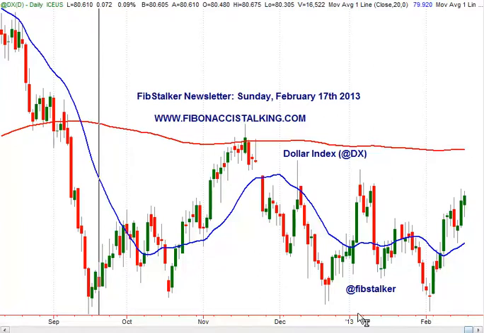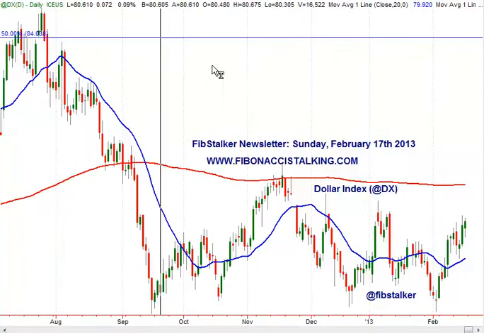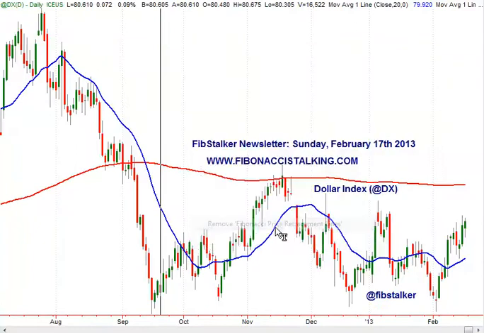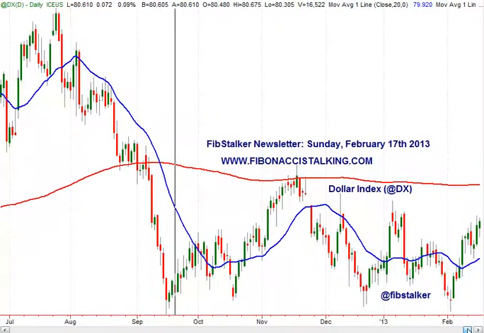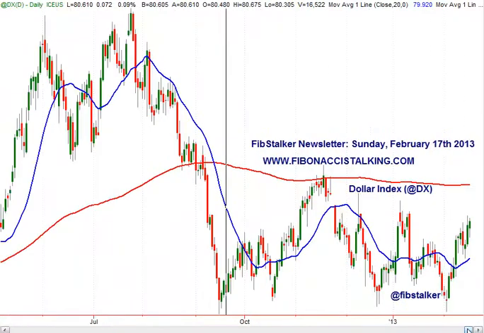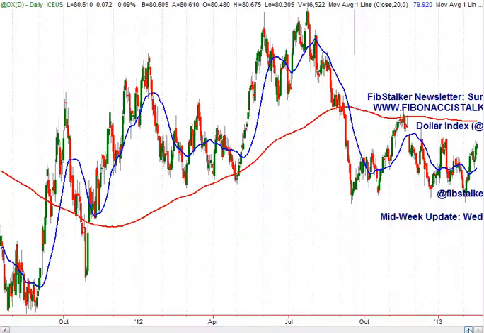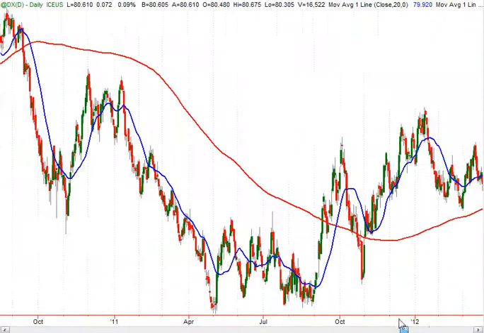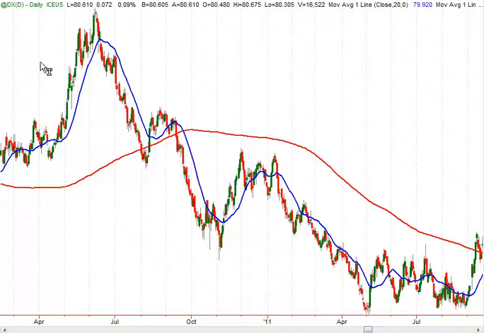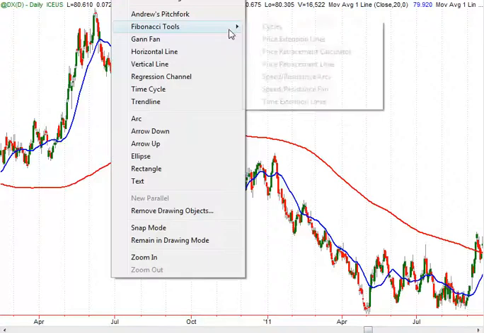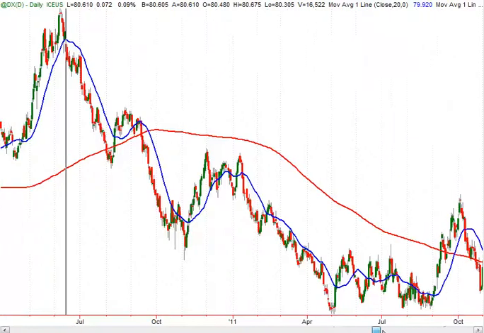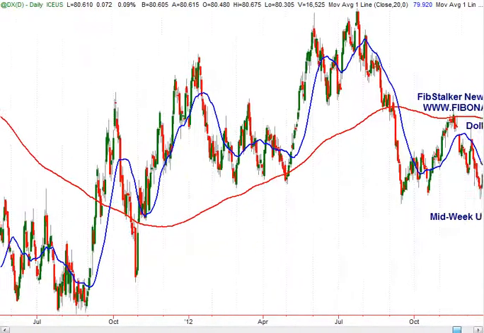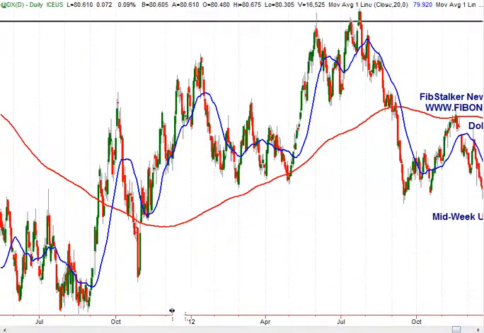So let's start. What you see on the screen is the US dollar index continuous contract aligned to the March 2013 expiration. This contract is traded on the ICE US exchange, and I want to go a little bit on a larger time frame here. This is still the daily, but I want to show you the resistance we had in mid 2012.